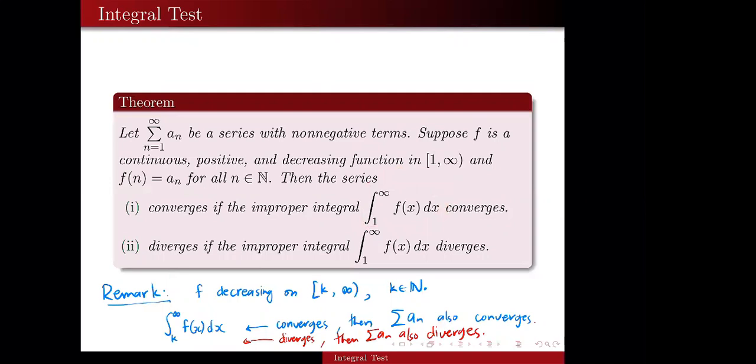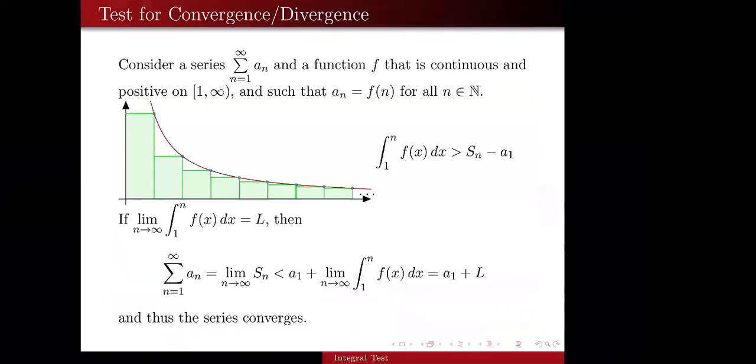Whatever value you get after calculating the improper integral, it is not the actual sum. Because as you can see in here, the actual sum is strictly greater than this S_n. Correct?